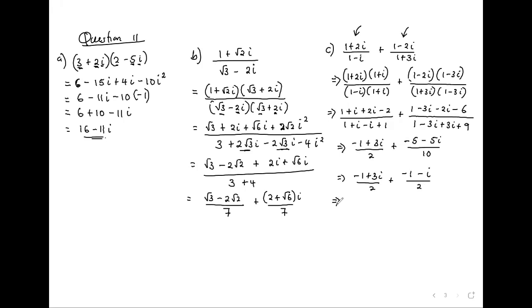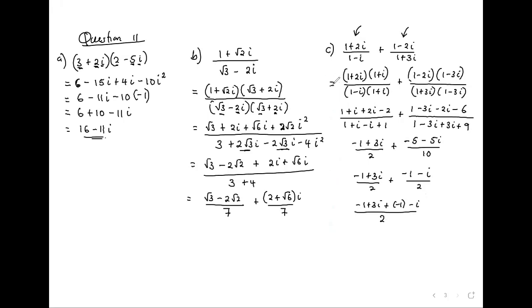Okay, so if we put 2 as a common denominator, then we'll get negative 1 plus 3i and then plus negative 1 minus i. So here I'm supposed to be using the equal sign, not implies, because these are equal.